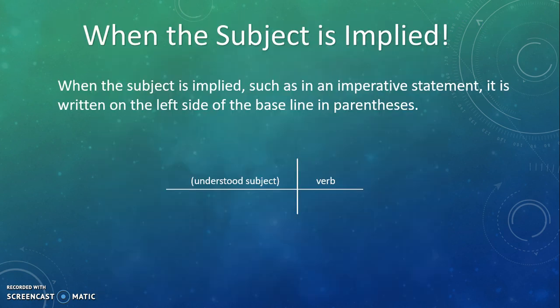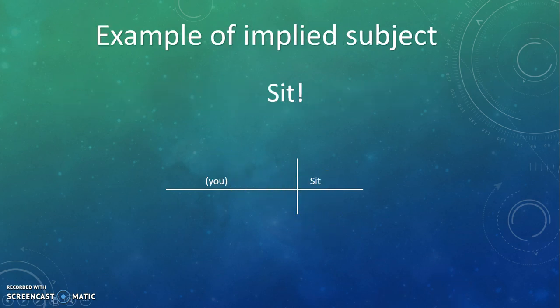All right, so when the subject is implied. So now we're going to be moving on to your flap that says imperative and interrogative. And you know an imperative sentence is a command and the subject is always implied and the subject is always you. If you don't know that by now, you need to. So you always put the understood subject there and the verb there. Now notice I capitalize.